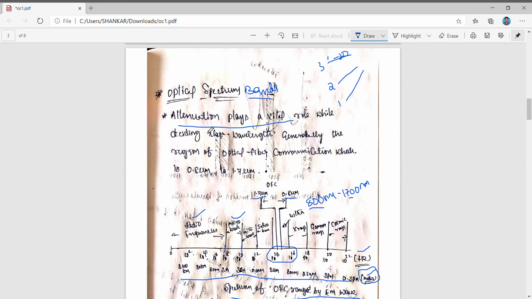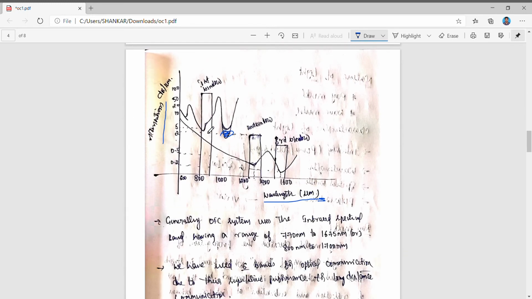So see the diagram here. In the 1970s, the designers designed an optical fiber system with an attenuation of 5 dB per kilometer at a wavelength of 850 nanometers.